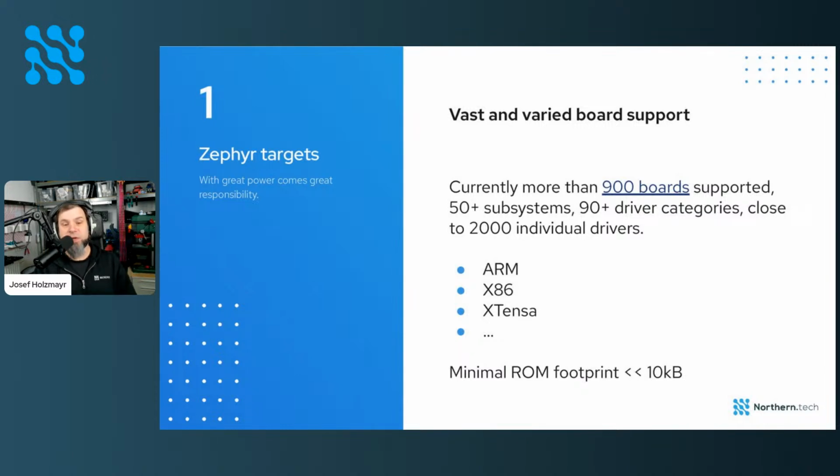It runs on a couple of architectures, and the most prominent one these days is obviously ARM, but also x86 or Xtensa, which we will be using. It runs on RISC-V, and has a minimal ROM footprint, in terms of flash that you actually need, in the area of 10 kilobytes. That doesn't give you a whole lot of functionality, but it comes alive with that.